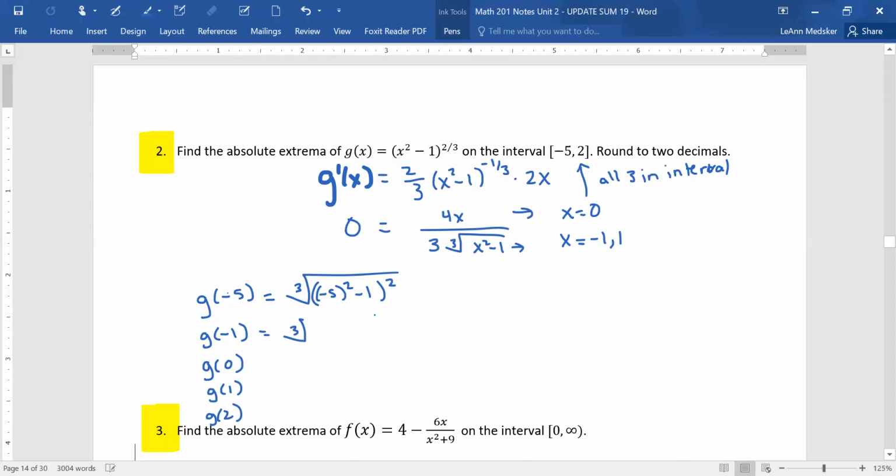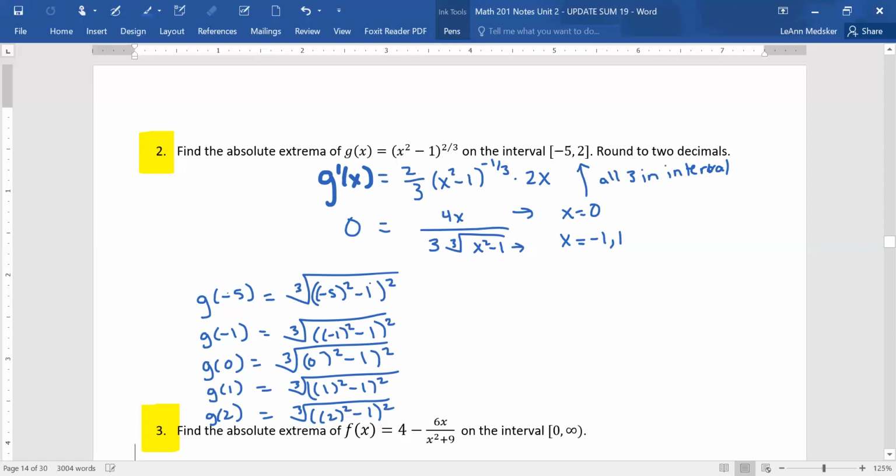This is the cubed root of -1 squared minus 1 squared. This is the cubed root of 0 squared minus 1, and then that's all squared. So I'm just filling these into the original function. And then we'll test to see what's largest and what is smallest.